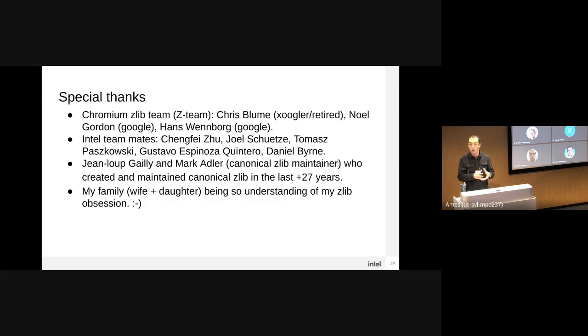I explained how our optimizations work, and they contributed that to Cloudflare zlib. Generally speaking, I think that is a good thing because it helps the community. An ideal scenario would be if we could merge all those different forks and have everyone working together.